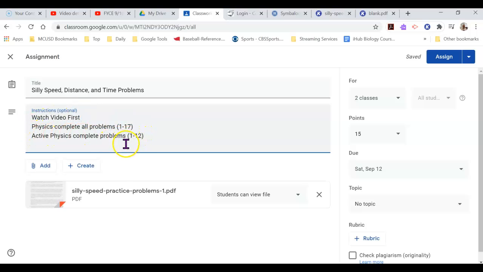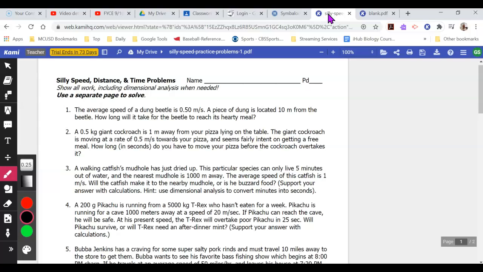As you'll see here in a minute, I'm going to do at least one example, number 12, just to show you how you should complete the problems. All right, so again, you have attached these silly speed, distance, and time problems, but there's not a lot of room to actually do the work.